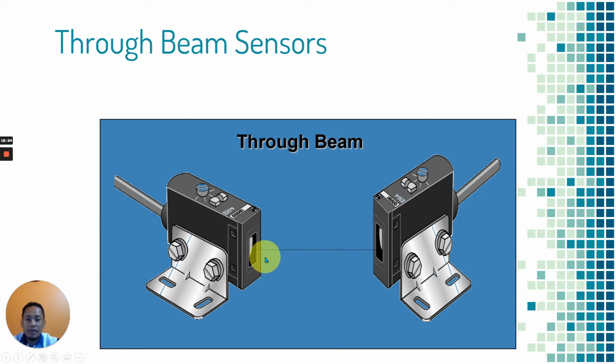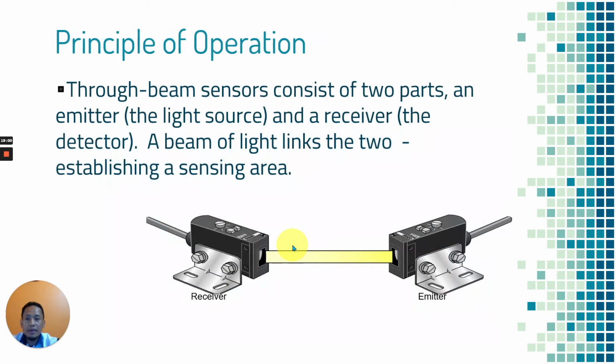This true beam sensor consists of these two sensors, left and right. The principle is there are two units of sensor. One acts as a receiver and another one acts as an emitter. So a true beam sensor consists of two parts.